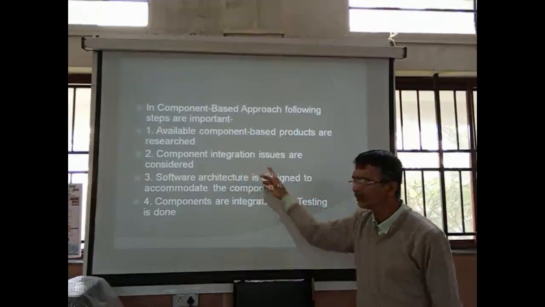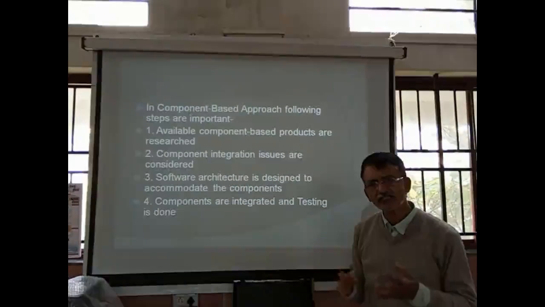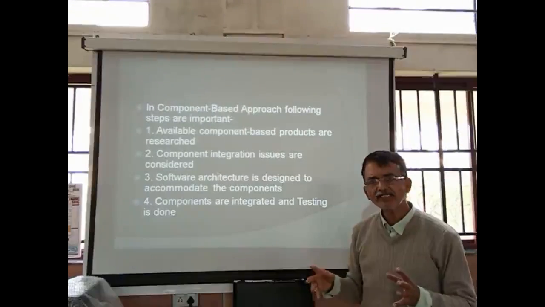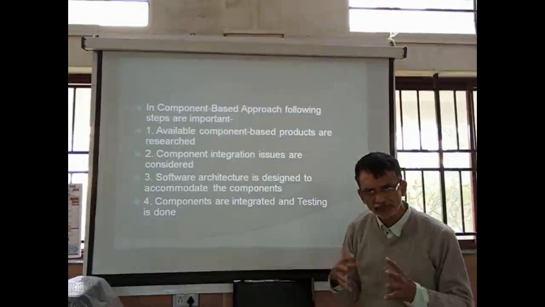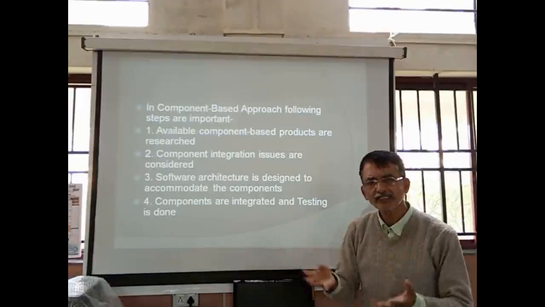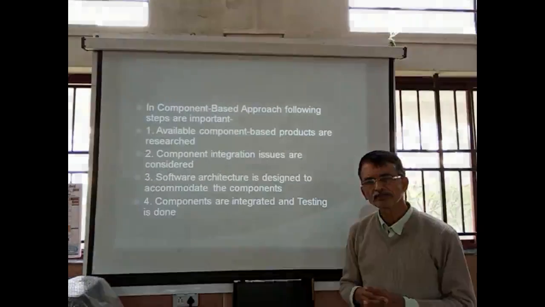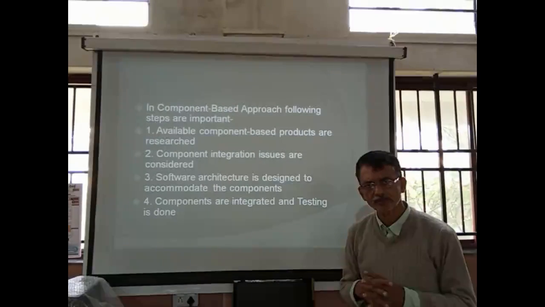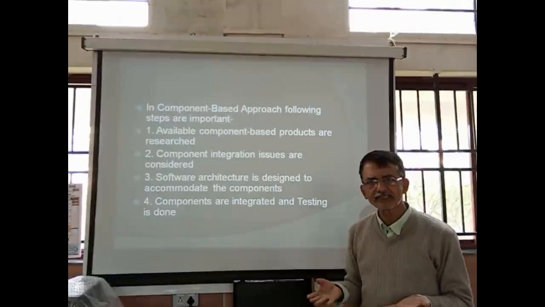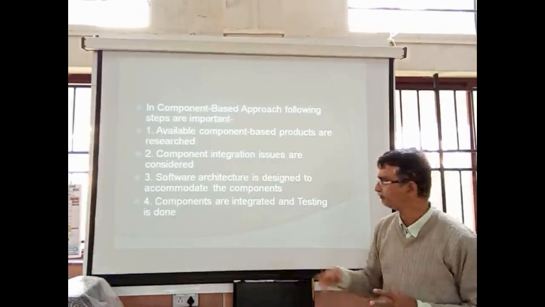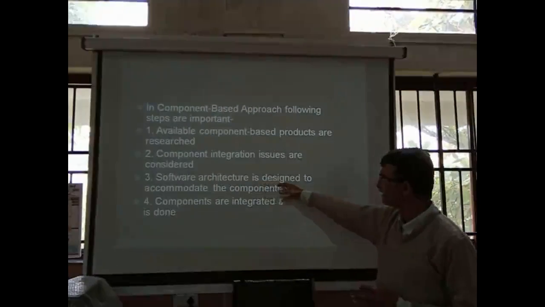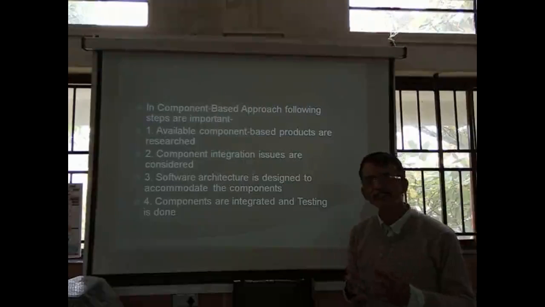Next, the component integration issues are considered. You know that these components when integrated together with the proper interfaces, then they happen to be the system. So when you are choosing the components, you should also think about the integration aspect. Next, software architecture is designed to accommodate these components.